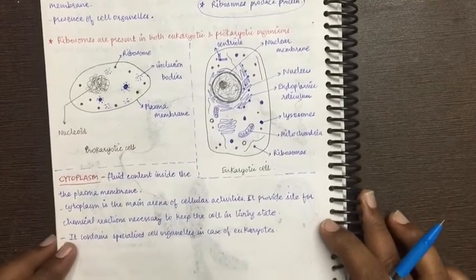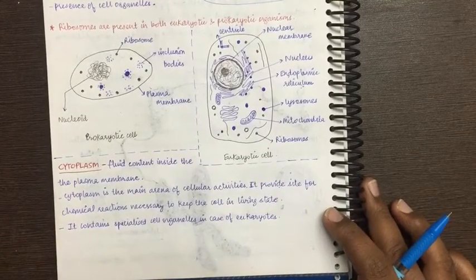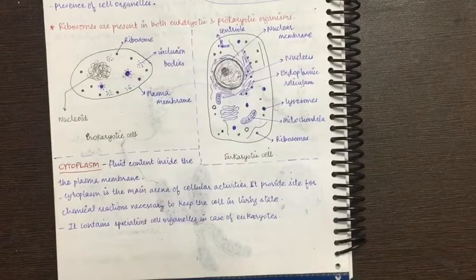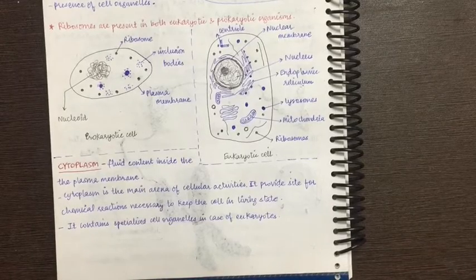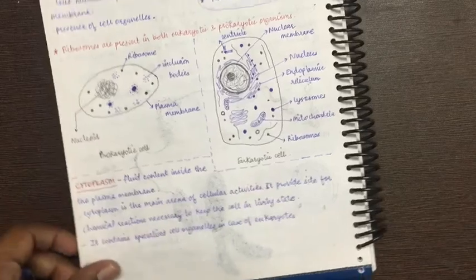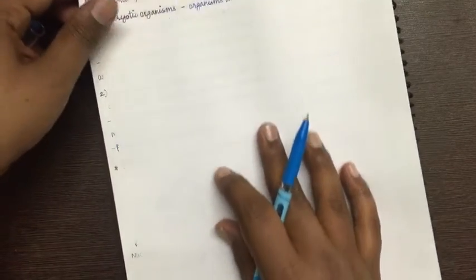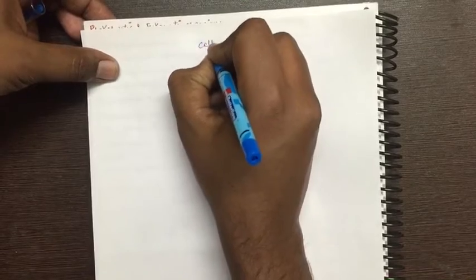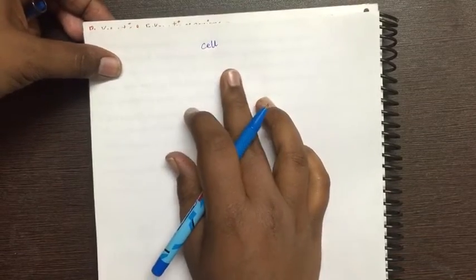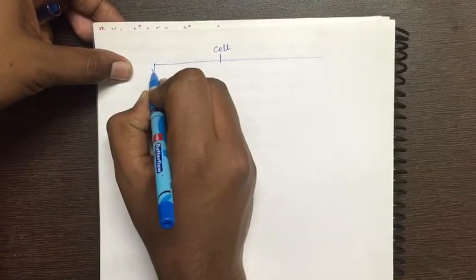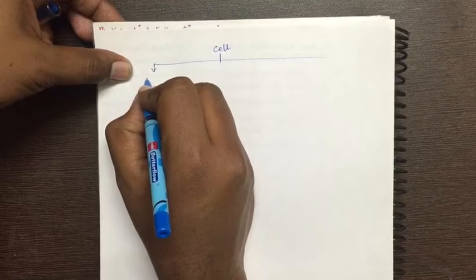Let us further go to cytoplasm. So cytoplasm is the fluid content of the cell. Let me make this clear to you. Let's say this is the cell. Now the cell has two parts, outer coverings.